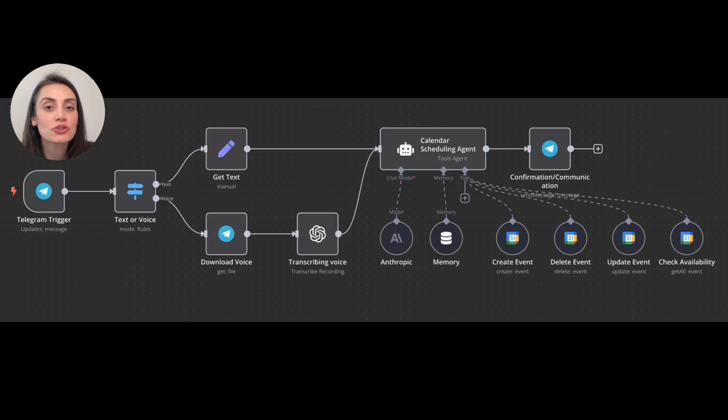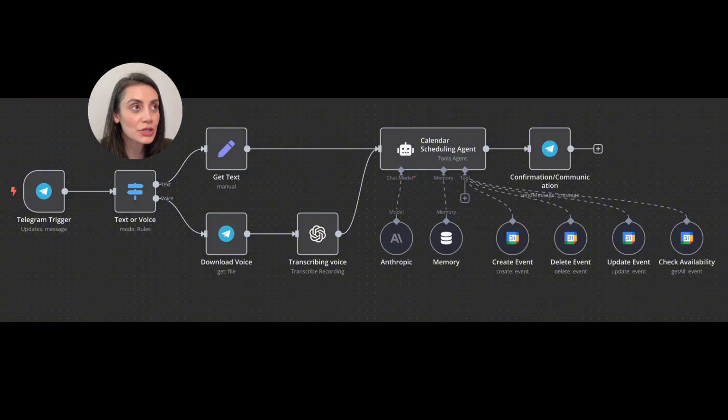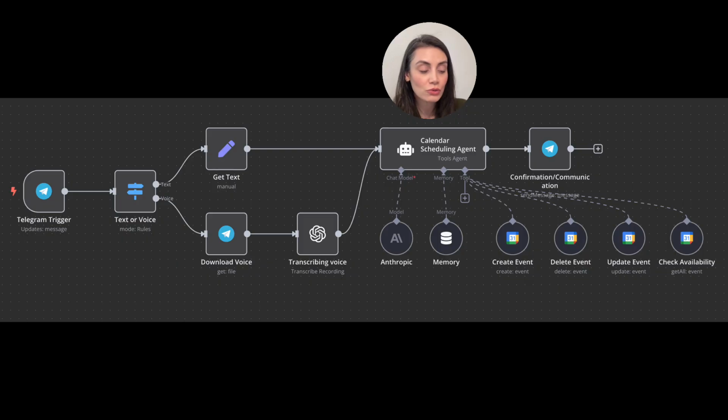We obviously need a trigger node that receives a message through a chat application. That message can be a text message or voice, so the switch node separates them depending on their type. This AI agent node is where everything happens. So the magic is basically happening here.